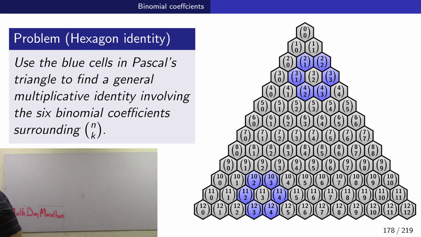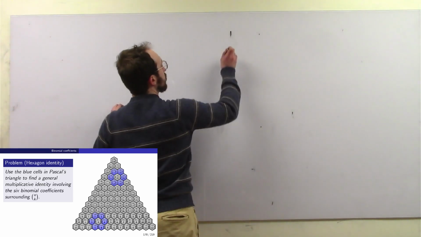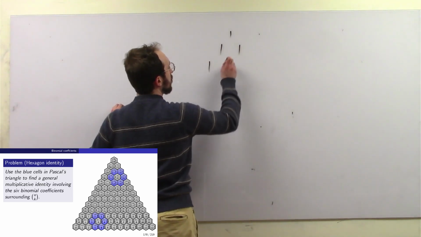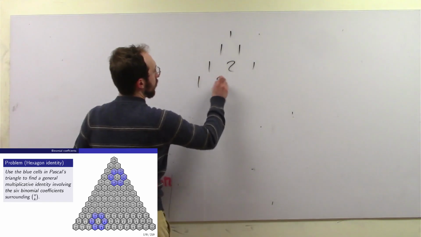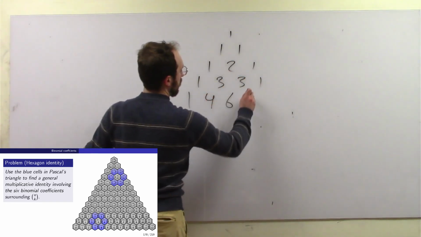So what do we have here? We have these hexagons, these blue hexagons on our triangle. And I am going to speed around and build a triangle again, because we are going to do some math.